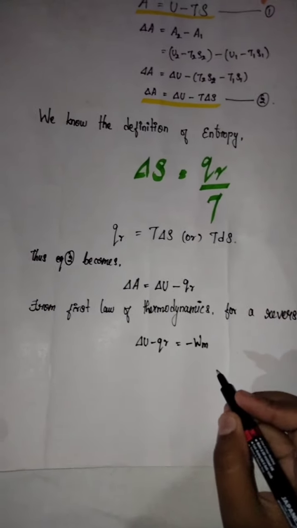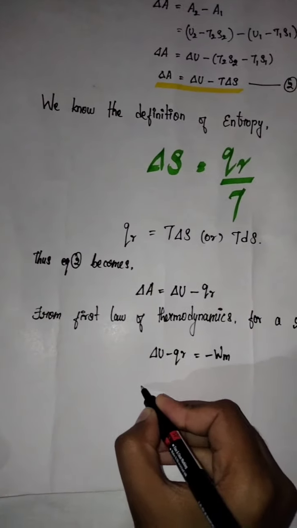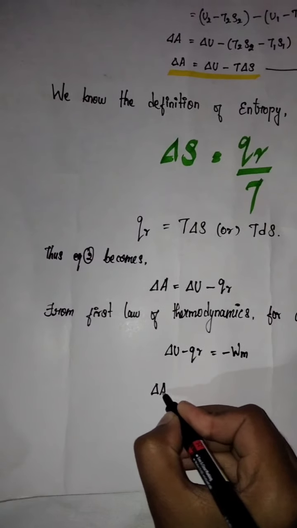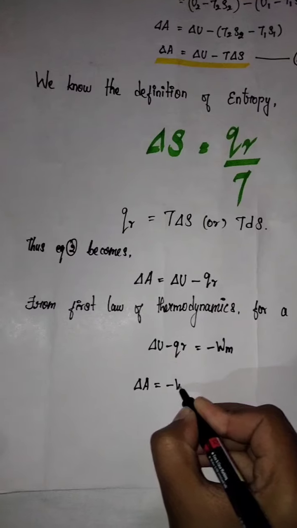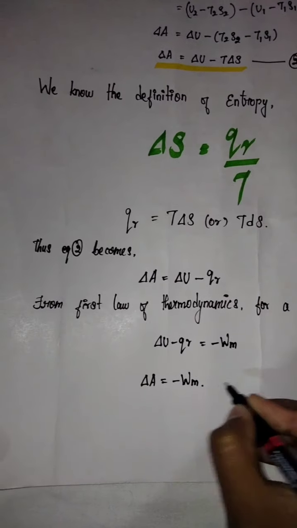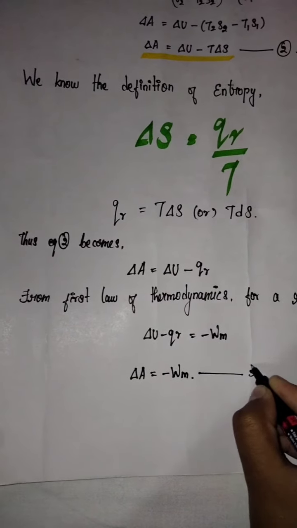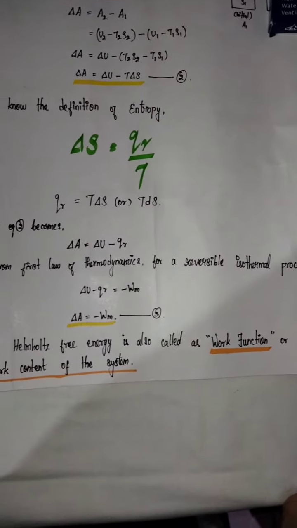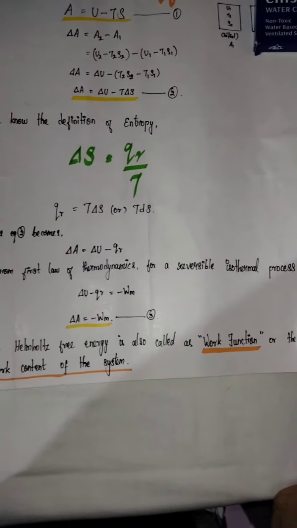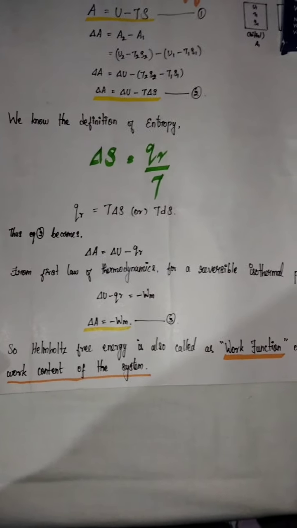So the above equation becomes del A is equal to minus WM. Take this as equation number 3. So Helmholtz free energy is also called the work function or the maximum work content of the system.